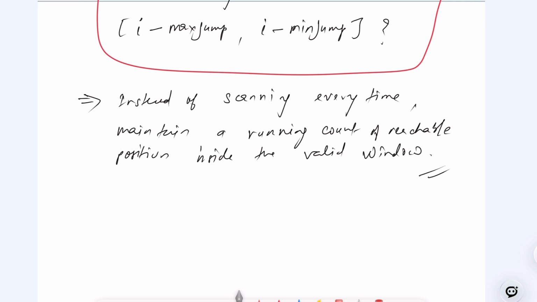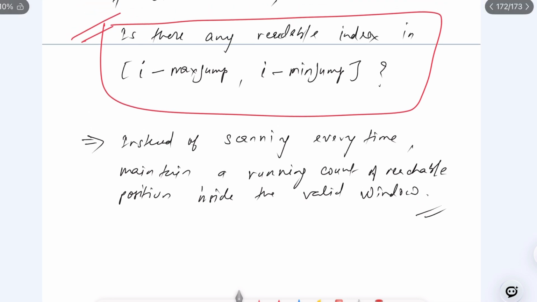What is important to understand is that for every index i, we only care about one thing: is there any reachable index inside the valid range? That range is i minus max jump, comma, i minus min jump. If at least one reachable index exists there, then the current index can also become reachable.